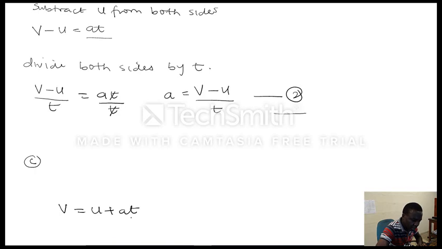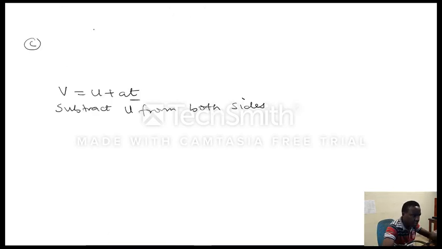Now to make T the subject of the formula, I'll first of all subtract U from both sides as usual before I undo the multiplication of A and T. So we'll say subtract U from both sides. When you do that, you are going to have V minus U is equal to AT. I have subtracted U from both sides.